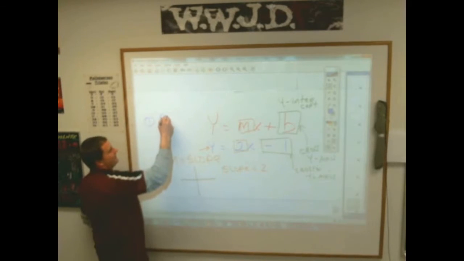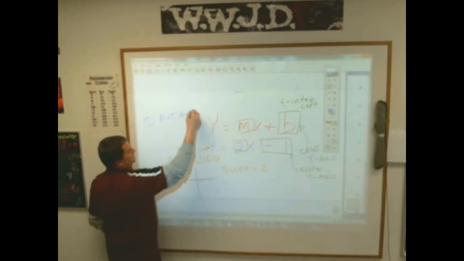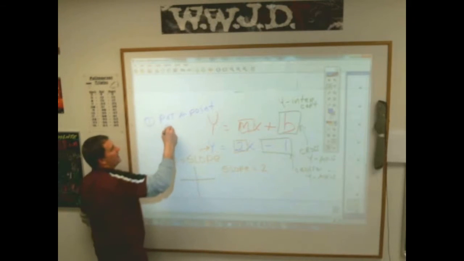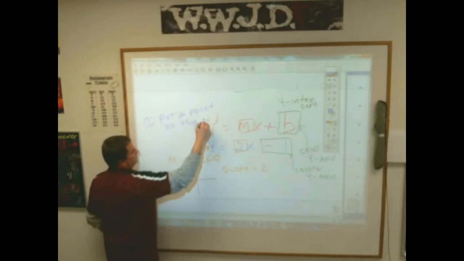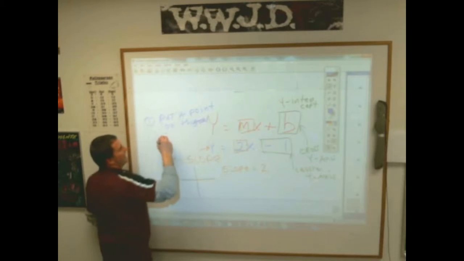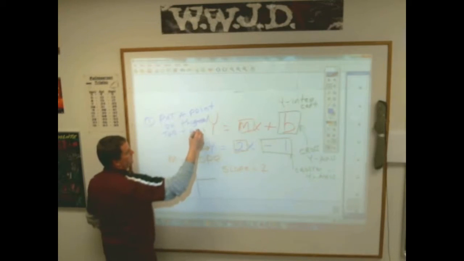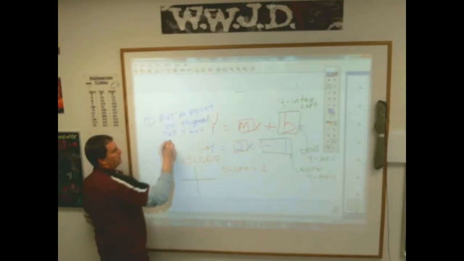Put a point on the graph, actually on the y-axis at its intercept.